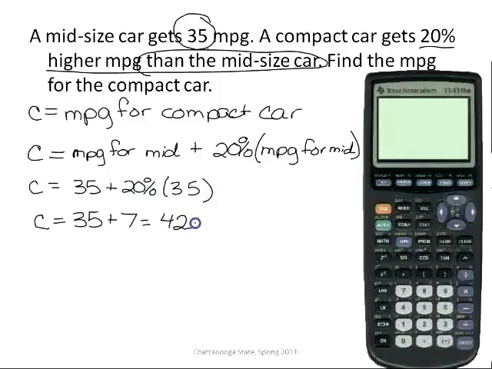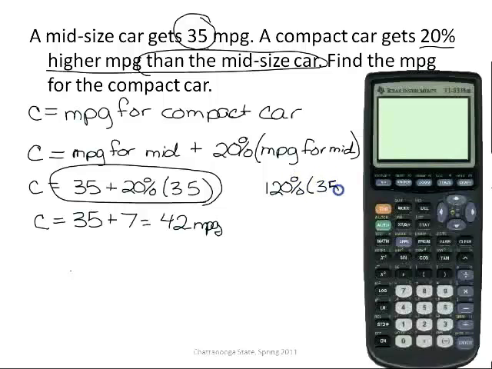So that compact car is going to get 42 miles per gallon. We also could have taken this and said, okay, if it gets 20% more, that's the same as having 120% of our 35. If it got 20% less, that would be the same as saying 80% of our 35.